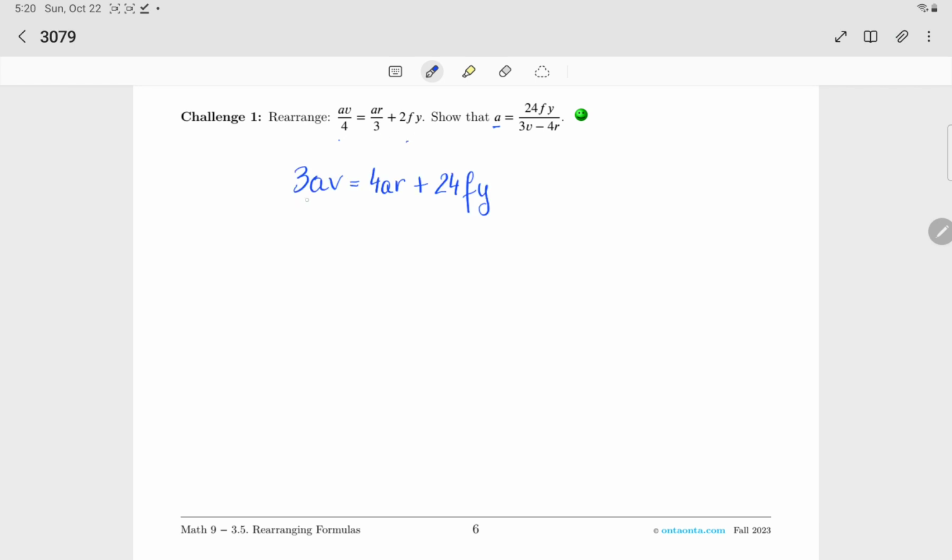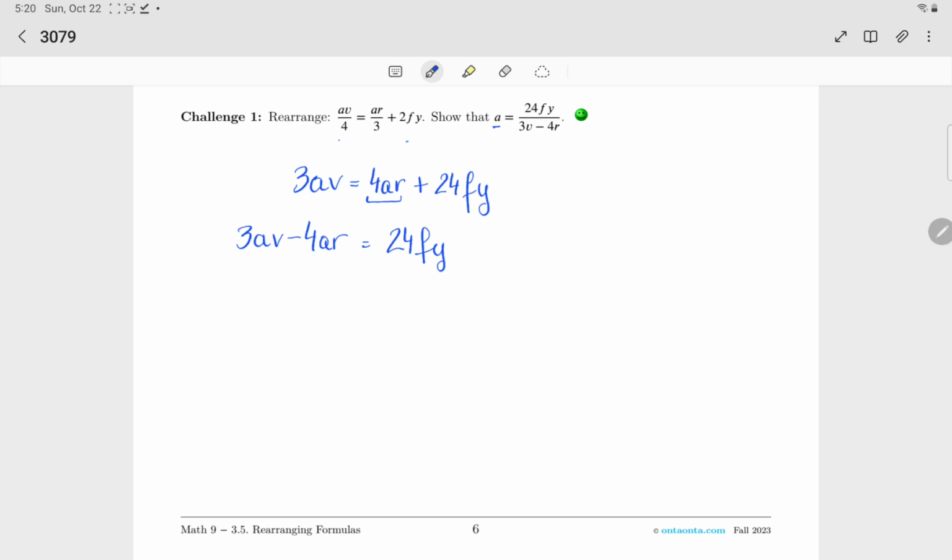And we get 3AV equals 4AR plus 24FY. Now we want to move A to the left side. Let's subtract 4AR from both sides. Now we have A only on the left side.